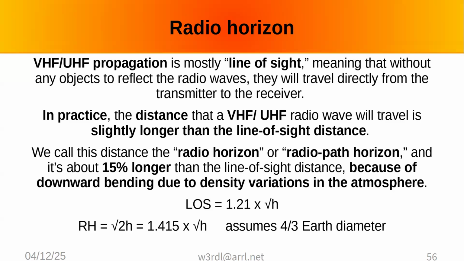And the important part to remember, which I should have done in red, is that it increases the distance by approximately 15%. So you actually get a 15% increase over straight line of sight.